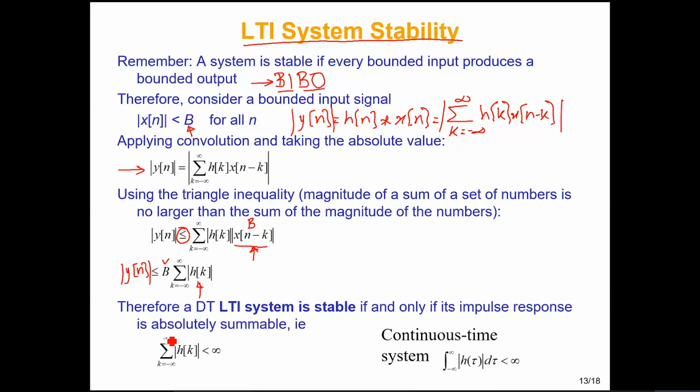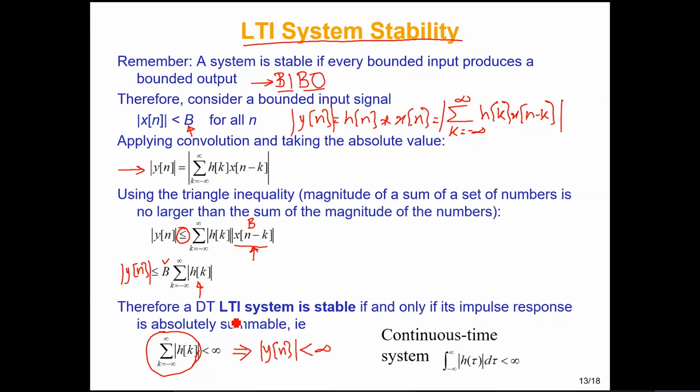So if this summation is less than infinity, then this product will be less than infinity, and only then would the magnitude of y of n be less than infinity.